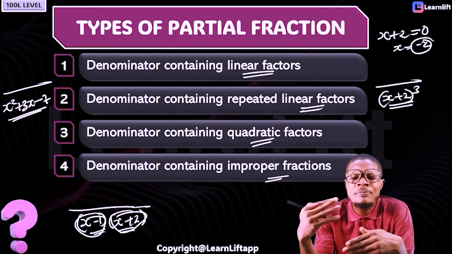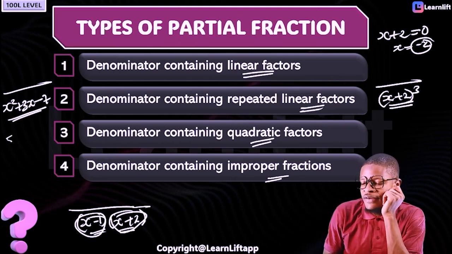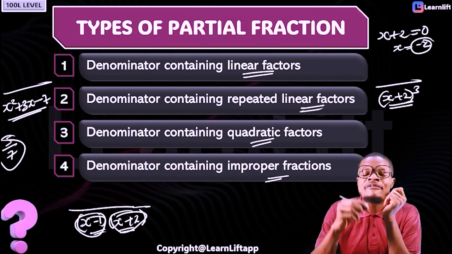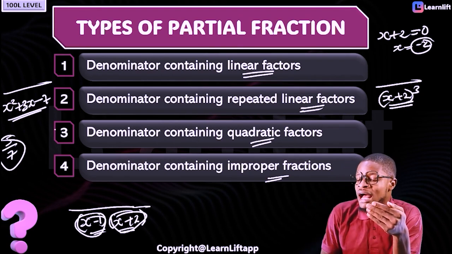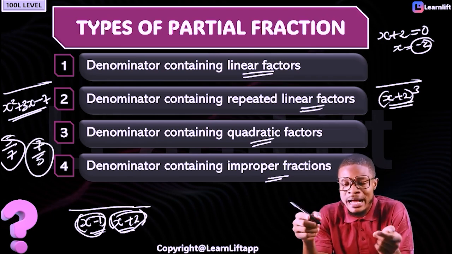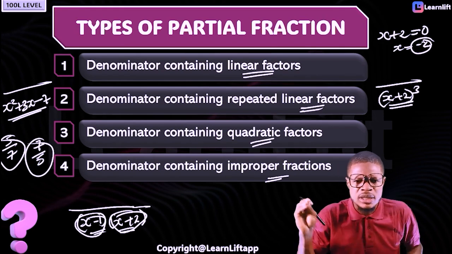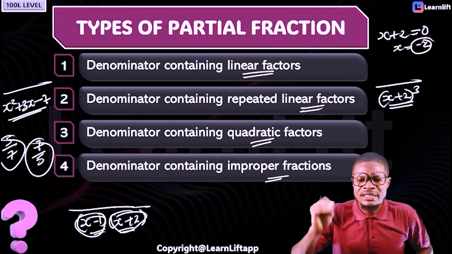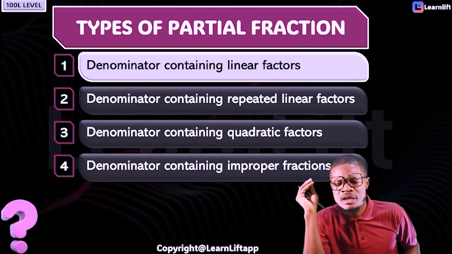Now, a denominator containing an improper fraction. Let me use a simple term. If I have 5 over 7 in mathematics, is it a proper or improper fraction? That's proper. But if I have 7 over 5, is it proper or improper? That's improper. That's just the basic terms, so that you understand where we are going. Let's start with the first, the denominator containing linear factors.